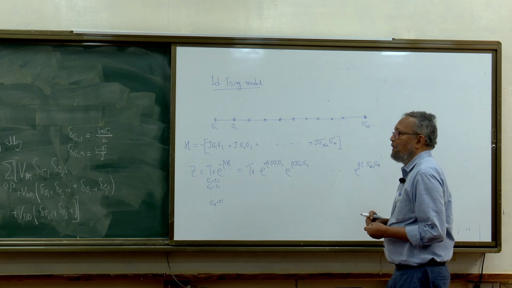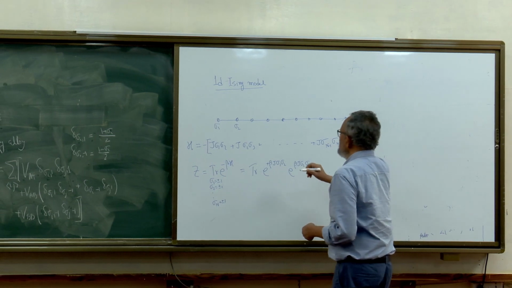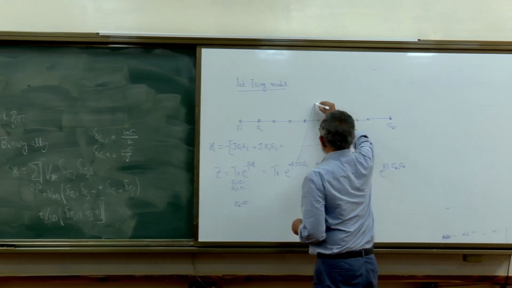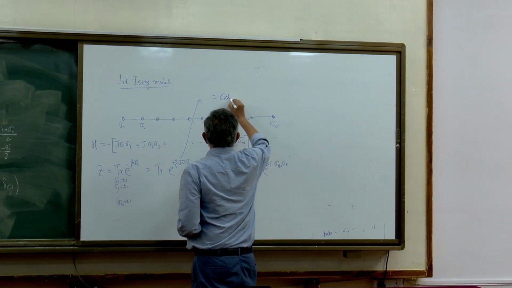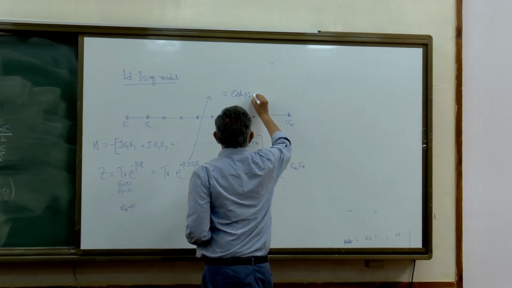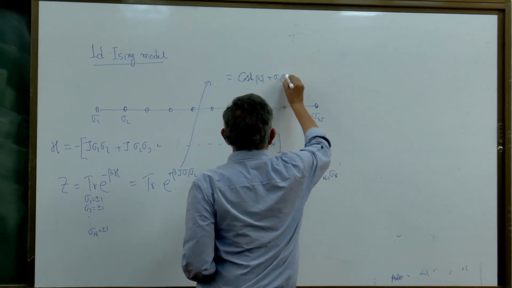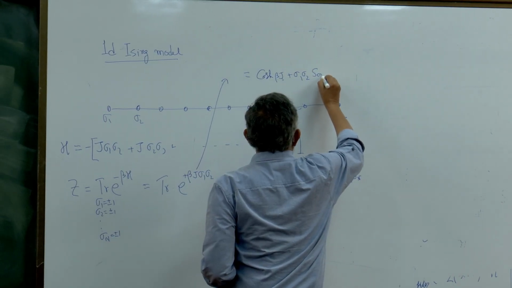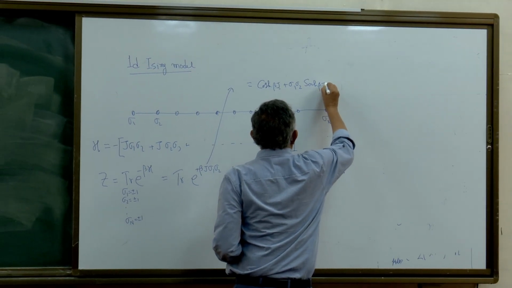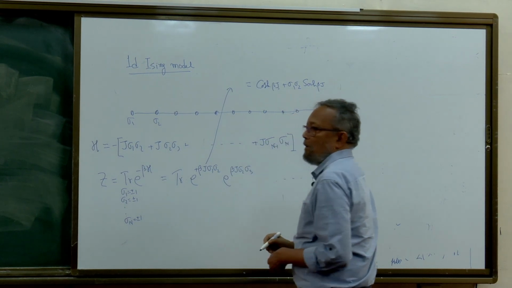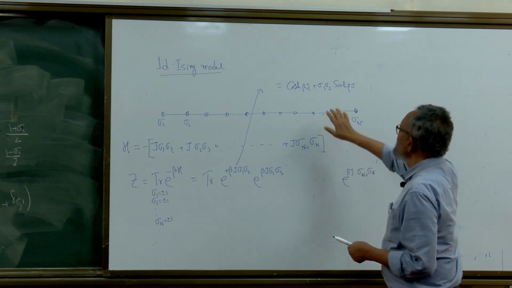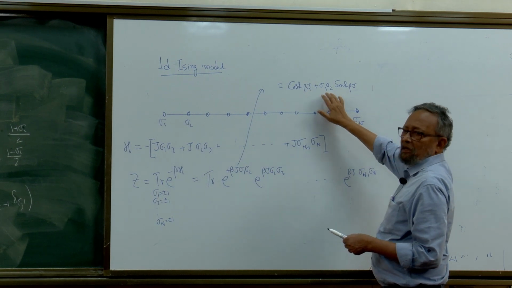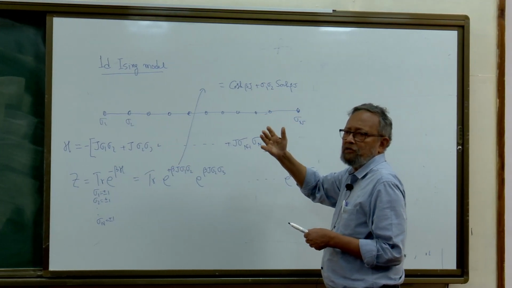It's very easy to see that this quantity can be written as cosh beta J plus sigma 1 sigma 2 sinh beta J. Is that obvious to everybody? Sigma 1 sigma 2 is this quantity that has two different values, plus 1 or minus 1.